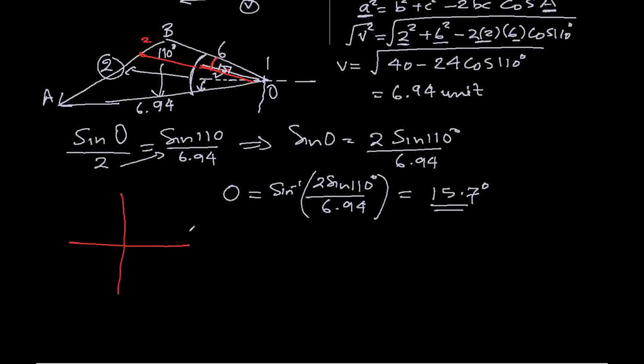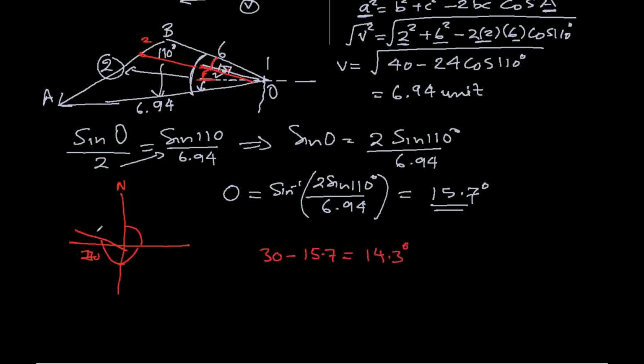Okay, so my bearing starts from north. It is 90, 180, and 270 is already there. Now we have a line above this. Let's find this angle above that line. So it will be 30 minus 15.7, which is 14.3 degrees.